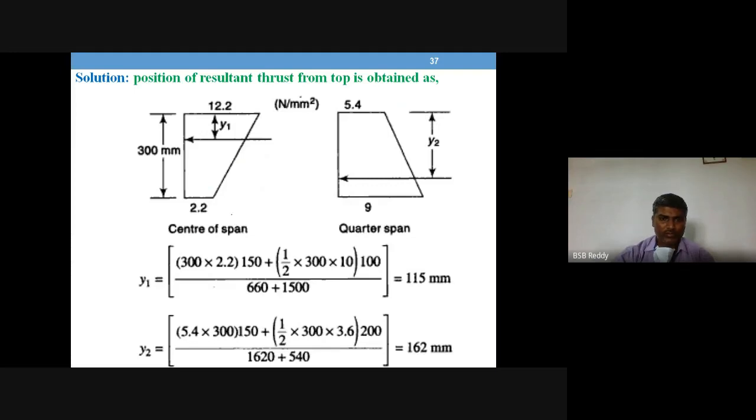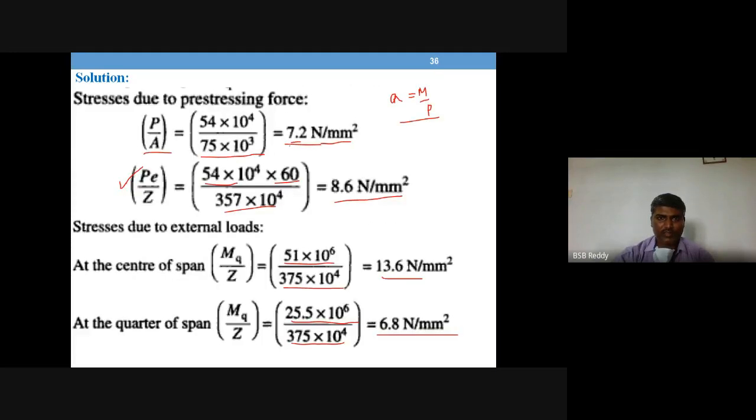Okay, so resultant stresses to calculate, it is like P by A, which is 7.2. Say at top, if you are finding the top, minus 8.6.